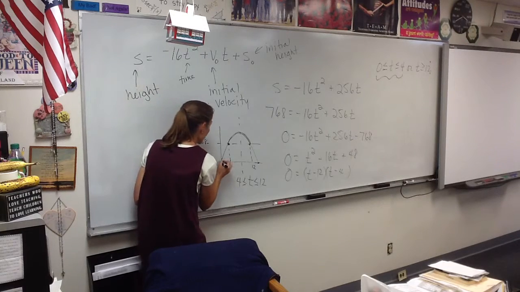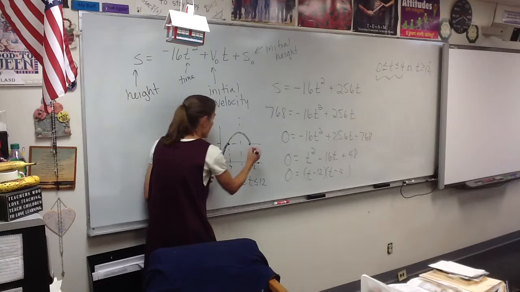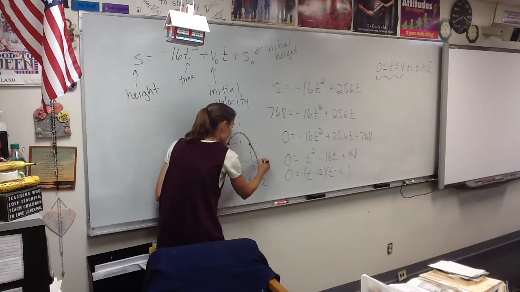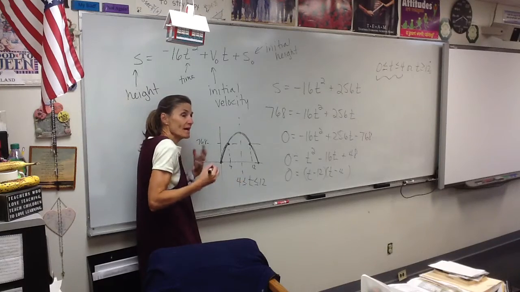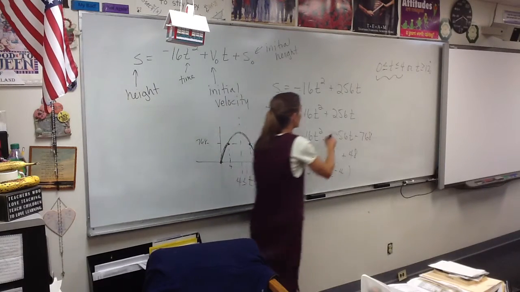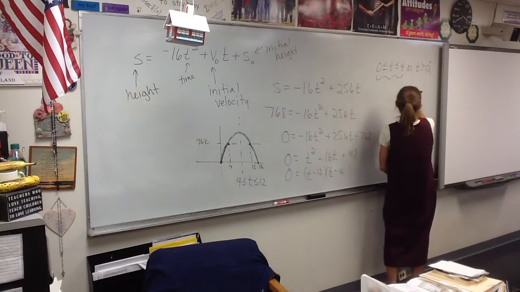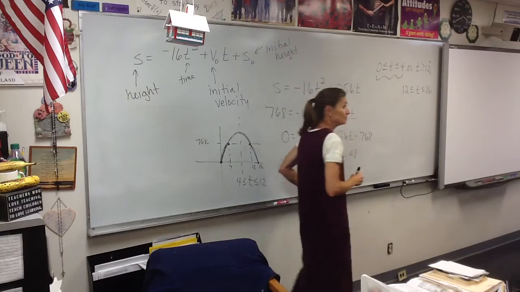So if it took me 4 seconds to cover this much ground, then it is going to take me 4 seconds to cover this much ground. That's why it looks right, Trevor, because you have that idea of balance and symmetry. So that is 16. So your answer is everything between 12 and 16. That's the second half.